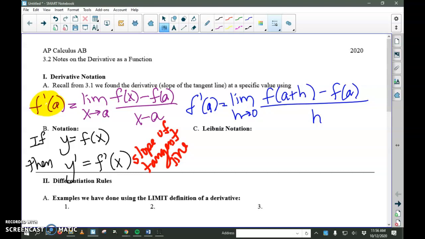He was not a physicist. And so he had different notation. And they were simultaneously creating calculus. They had nothing to do with each other in creating calculus, and so, of course, these different notations are going to come to be. And Leibniz notation says, well, if I do have y prime, or slope of the tangent line, I could represent slope of the tangent line using dy over dx.